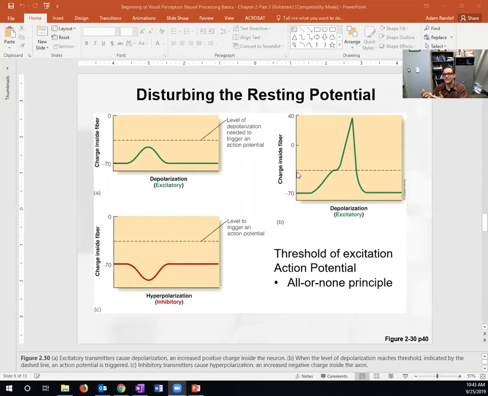So if it's a cell with an action potential and you hyperpolarize it, you are inhibiting it. You're making it less likely, inhibiting it from achieving an action potential. If you were inhibiting a receptor, you would make it less likely to produce glutamate. Glutamate is a neurotransmitter.